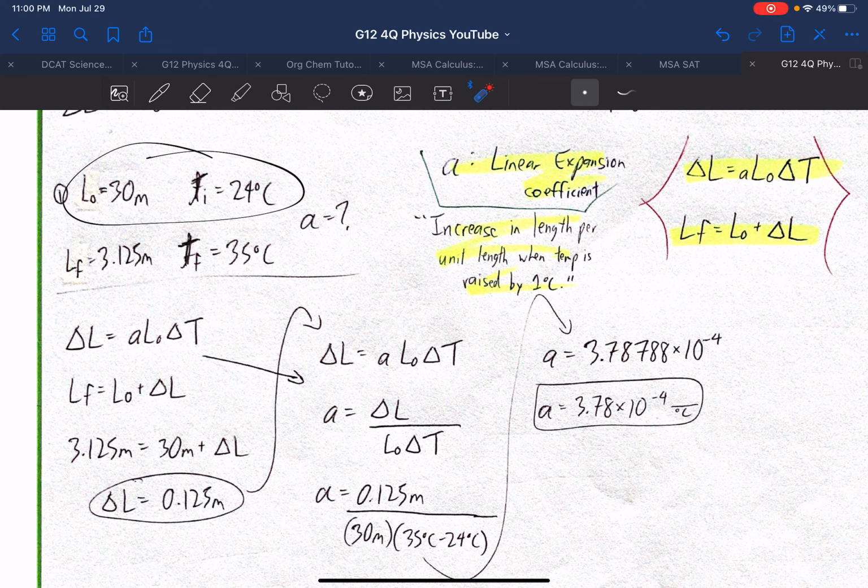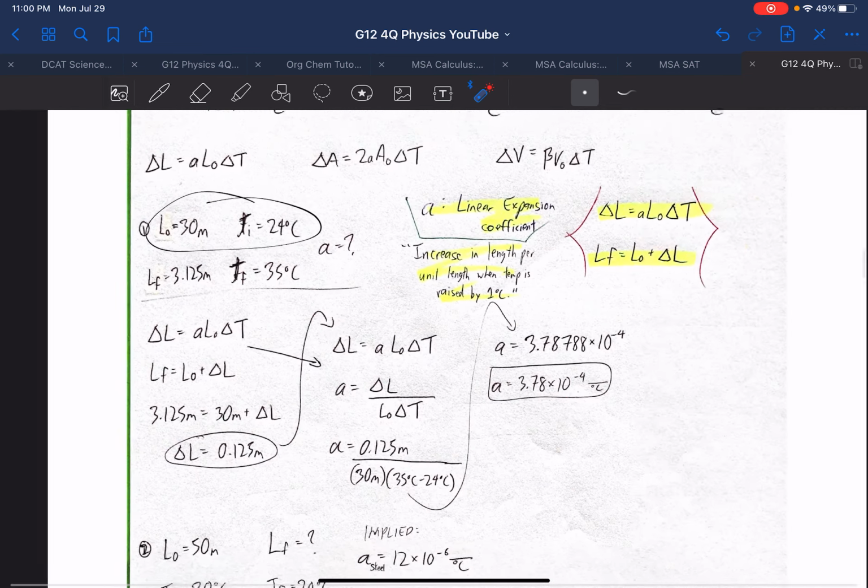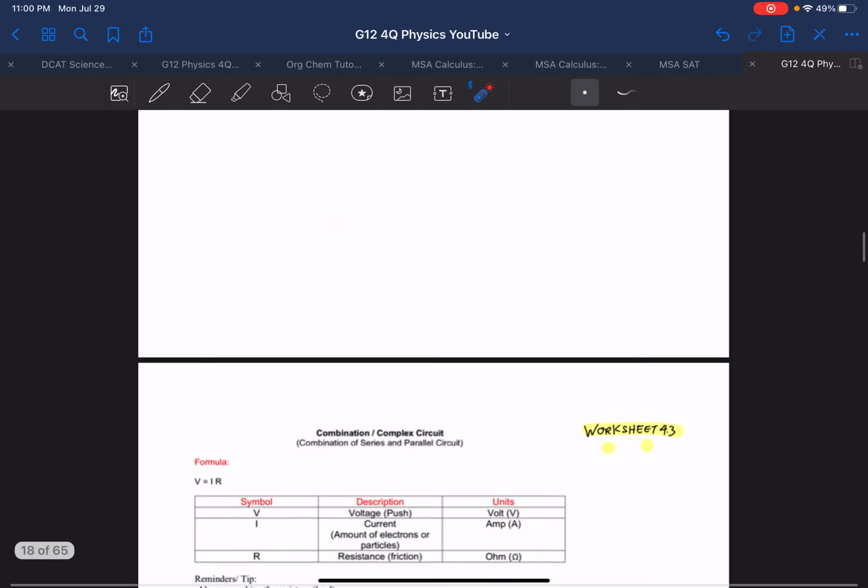Why? Because in the next formula, let me think. Okay. Actually, this formula was supposed to be used later, but in the meantime, we did use LF is equal to LO plus change in L. That's a formula written earlier.